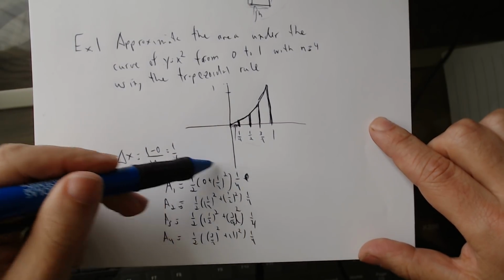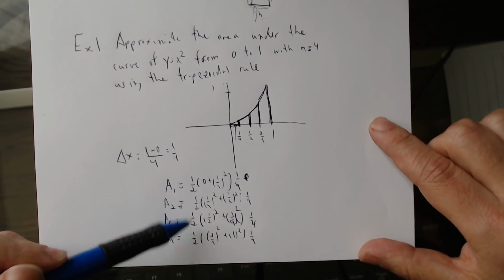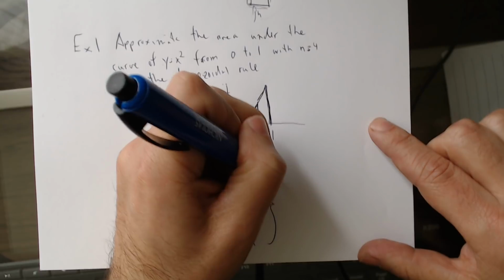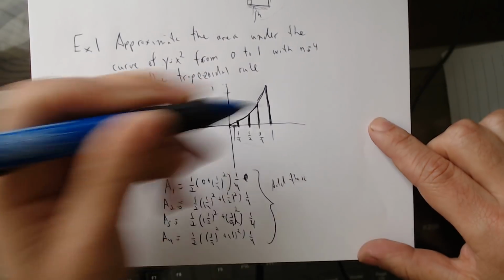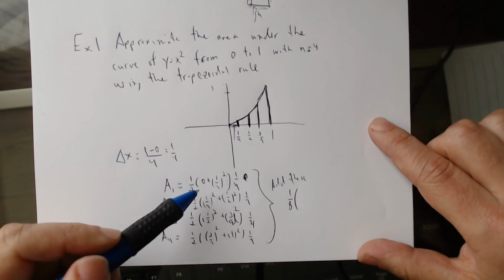So if I add these up, technically speaking, what do I notice? Every single one of these has a 1/2, and every single one of them has a 1/4. So by adding these, let's simplify in a quicker way. They all have a 1/8, so let me factor out the 1/8 and then combine what's inside.